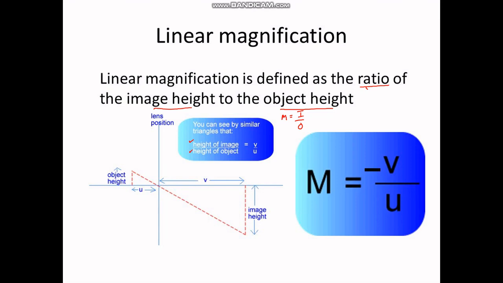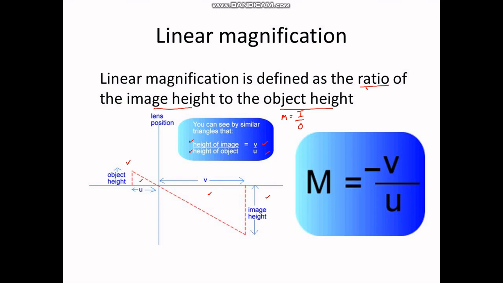And by using similar triangles concept, we can prove that this I/O will be equivalent to V/U, that is the distance of the image to the distance of the object.